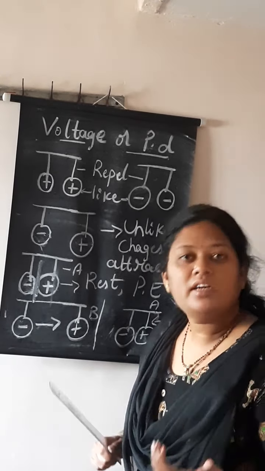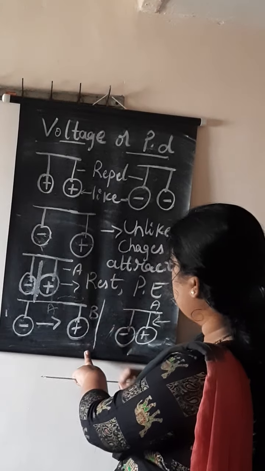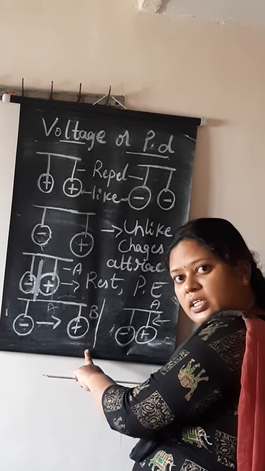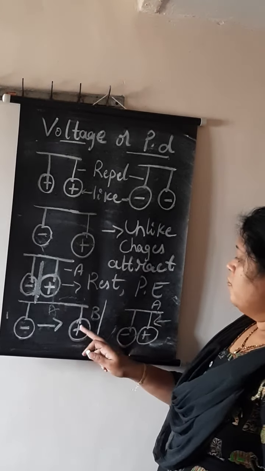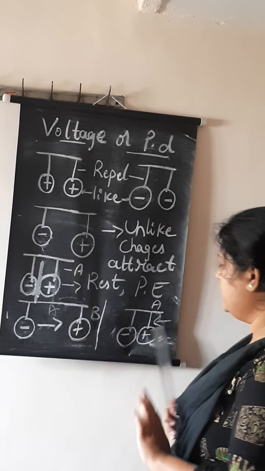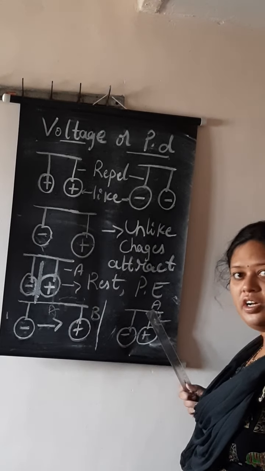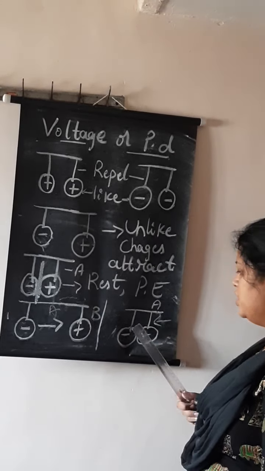Suppose it was at position A before, now it has moved to position B. The negative charge is in the same position. What happens when you remove this force? It again comes back to its position A.